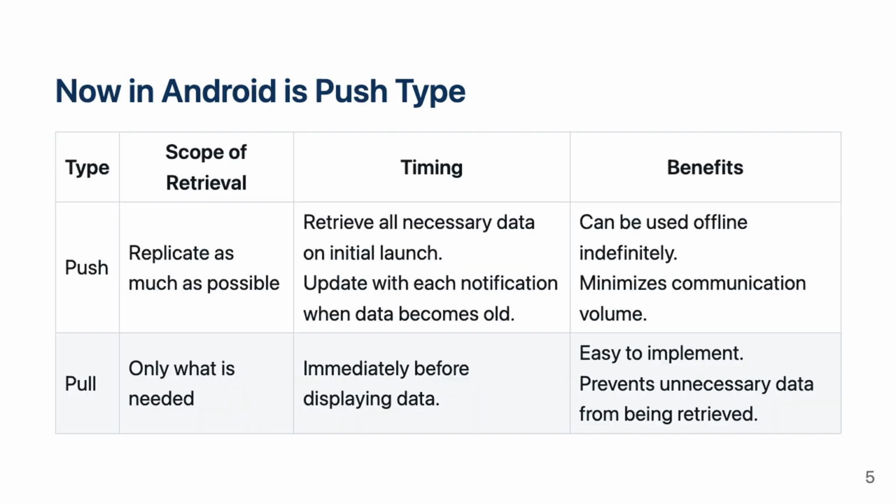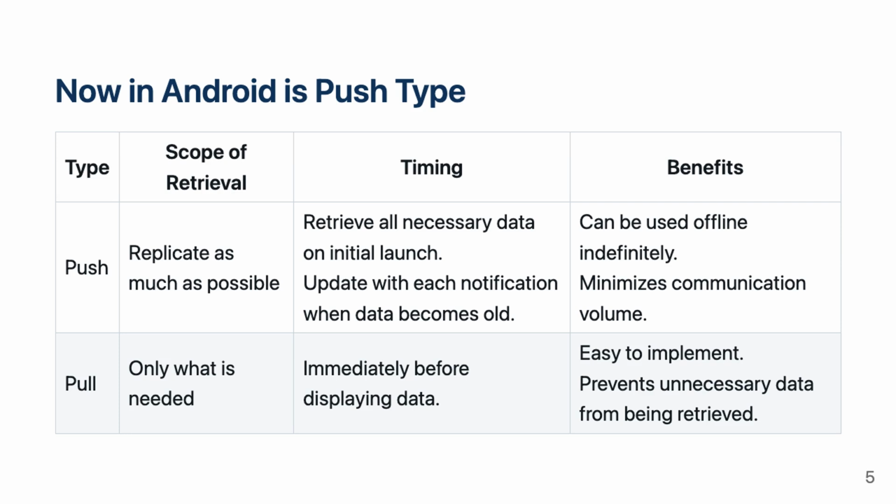Next, let's look at the synchronization timing of network and local data sources. There are two main synchronization methods in Offline First. The first is push. In the push model, the network data source is replicated to the local data source as much as possible.